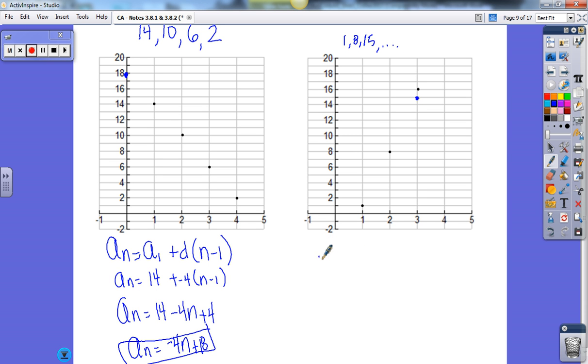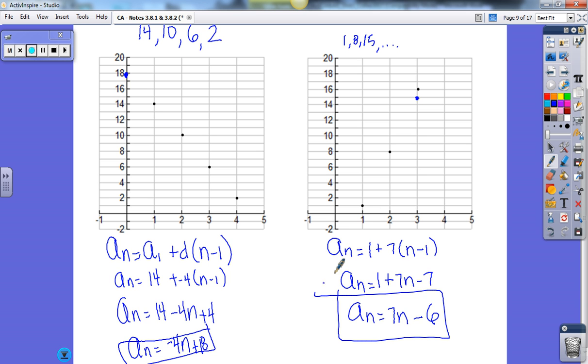So if I'm adding 7 every time, then I have my first term of 1, my common difference of 7, and then I'm going to simplify. And I end up with 7n minus 6. So again, if I were to extend this, notice my y-intercept would be down here, so -6, and then a slope of 7. So sorry about that. That dot is in the wrong spot.